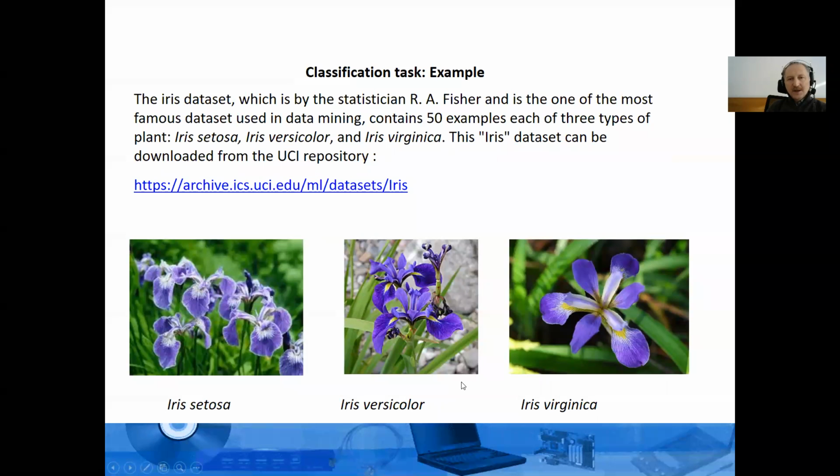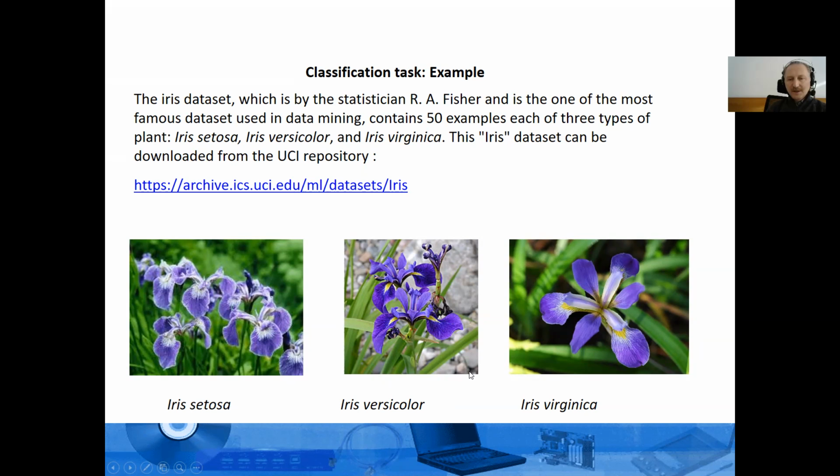Let's give one real-life example for classification. For example, in this problem, there are three types of the Iris flower: Iris setosa, Iris versicolor, and Iris virginica.